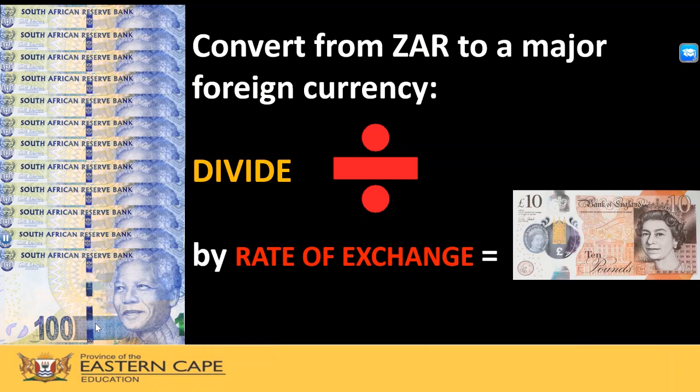What are we dividing here? Let's break this down. We are dividing the amount of South African rand indicated in your question paper by the rate of exchange. Now, the rate of exchange will also be given in your question paper. But it is important, please, grade 11, to take note of the foreign currency that you are being required to use in the calculation.